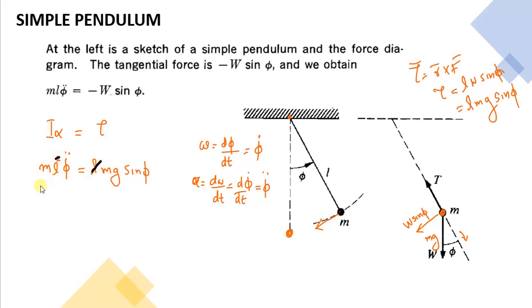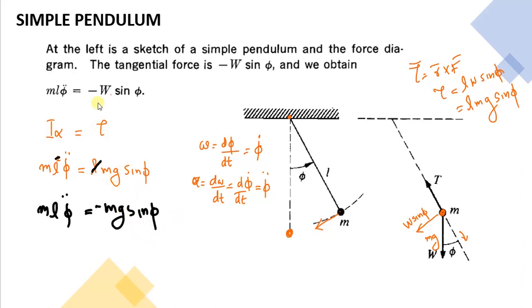So one L cancels, and what remains is ml phi double dot is equal to mg sin phi. But the force is acting in this direction, so ml phi double dot is equal to minus mg sin phi.